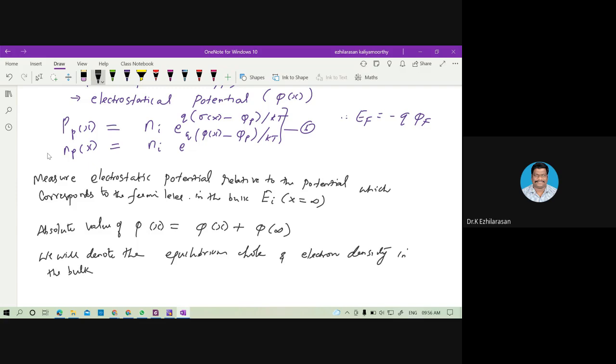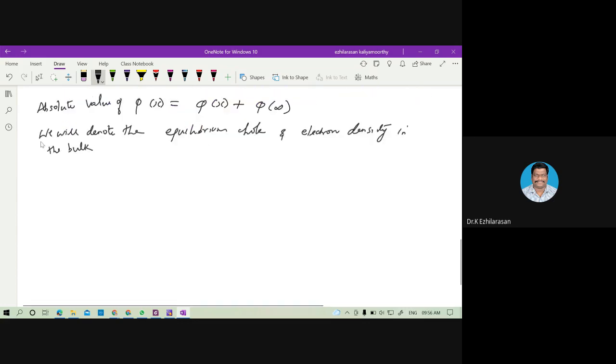So how can we write that? Let us write it as PP0. As we already wrote P of x, the same thing I am writing as PP of 0, which is equal to PP of infinity, because we are taking the infinity one, right?